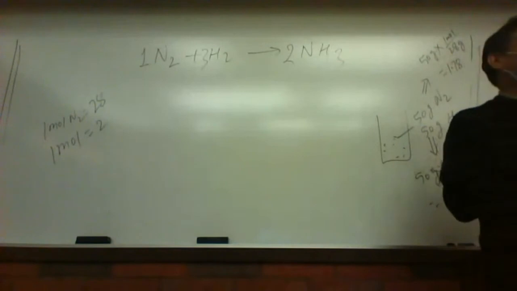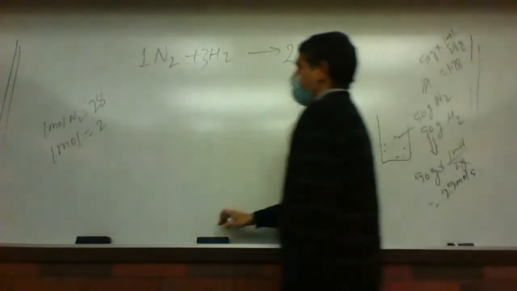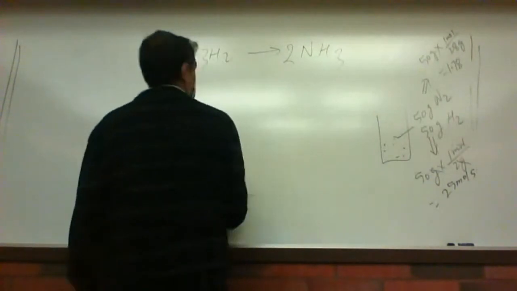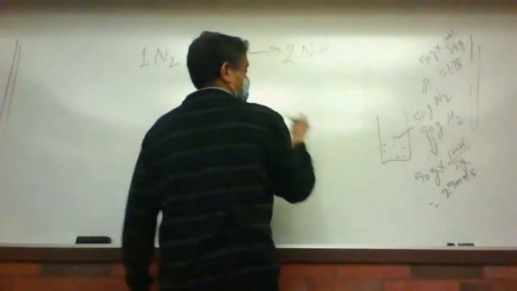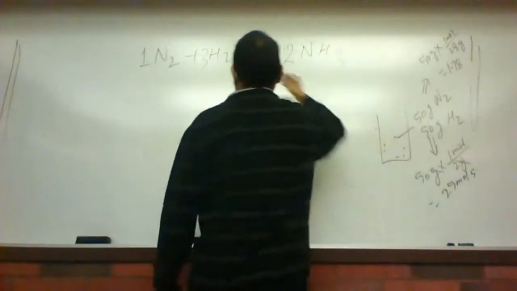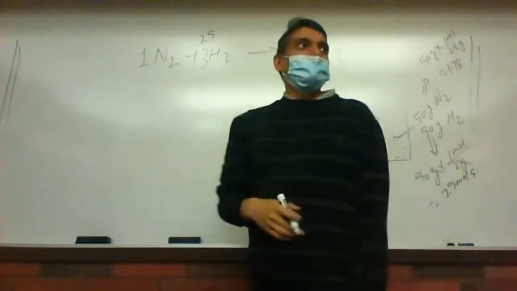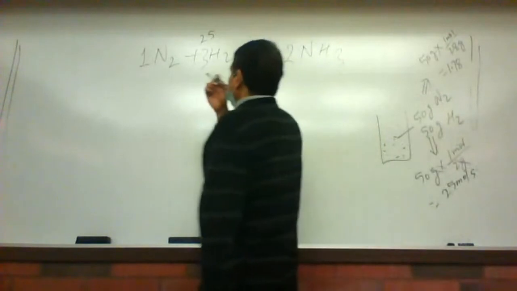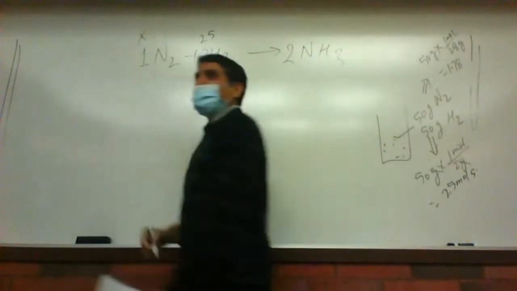So from there, I can find which one is the limiting reagent. Let's take hydrogen. How many moles of hydrogen do I have? 25. Make sense? For 25 moles of hydrogen, how much nitrogen do I need? I just put X there.